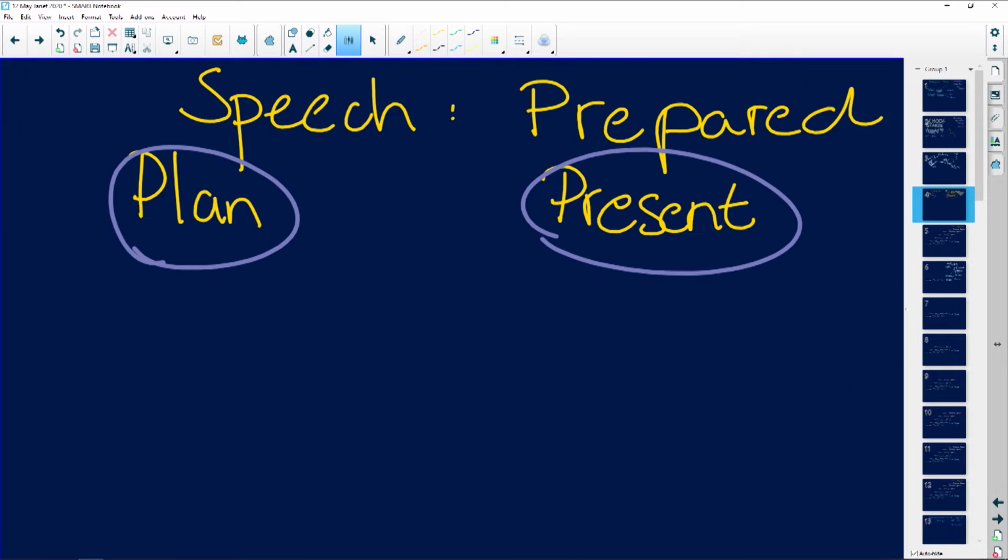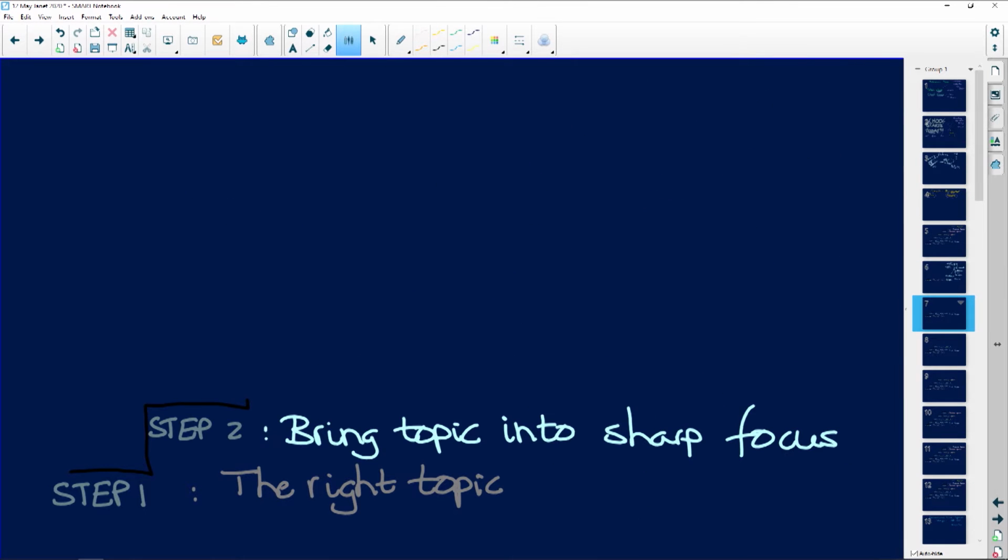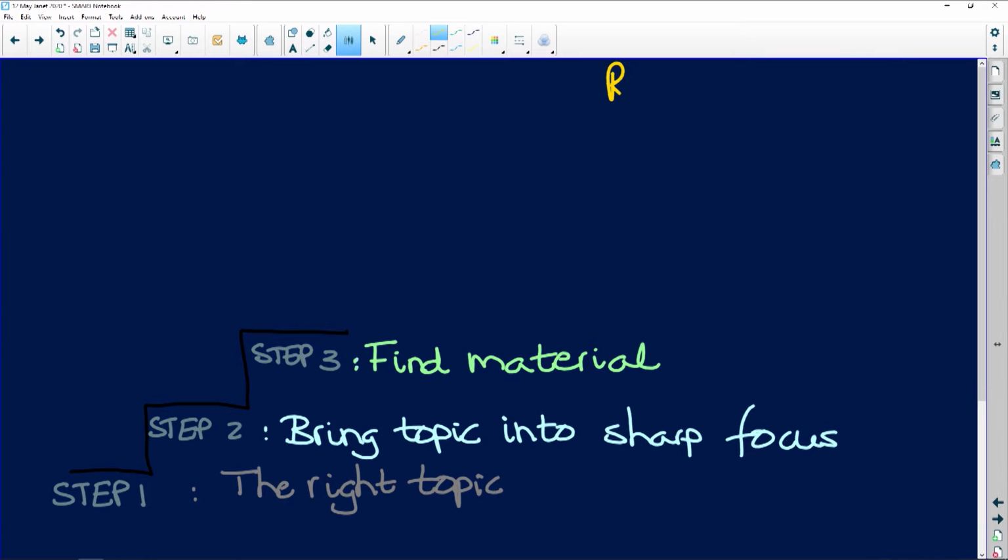So where were we? Those were our 7 steps. Okay, so we've got our sharp focus. What do we now do? We have to find material. Now this is terribly important because this is where you do research. So where should you start?